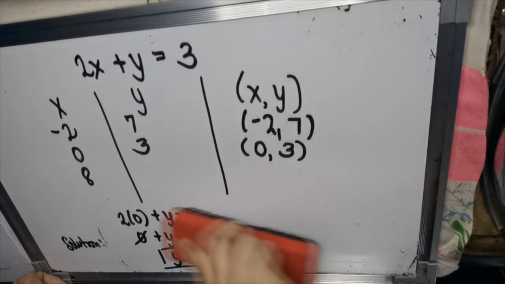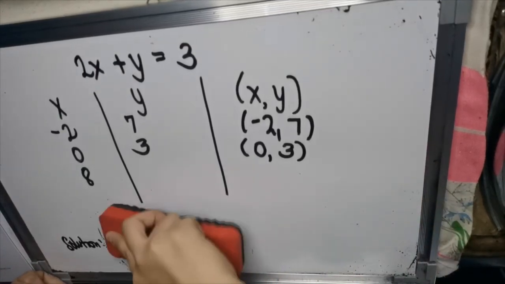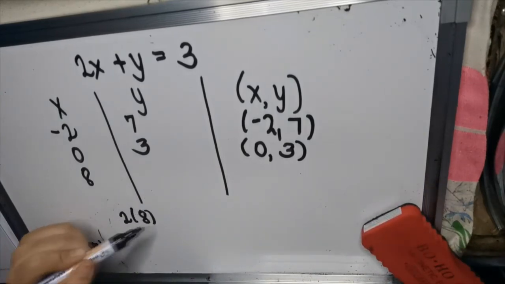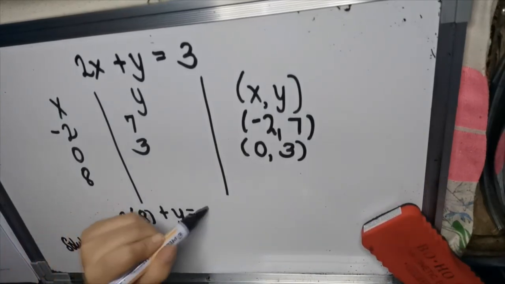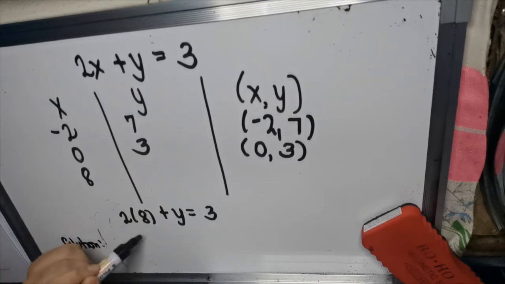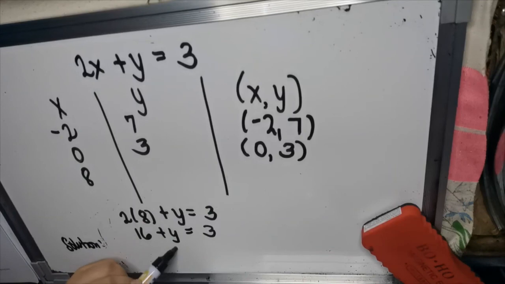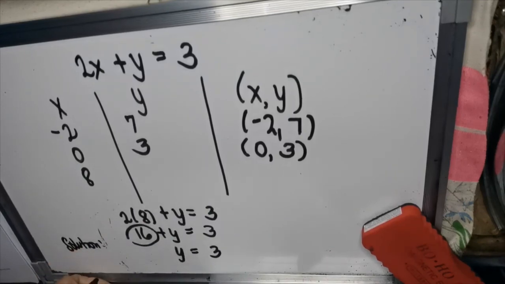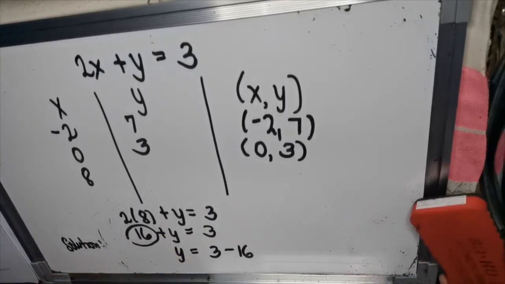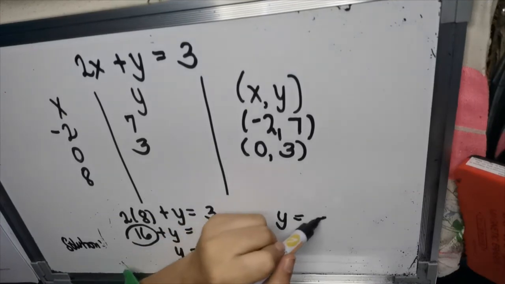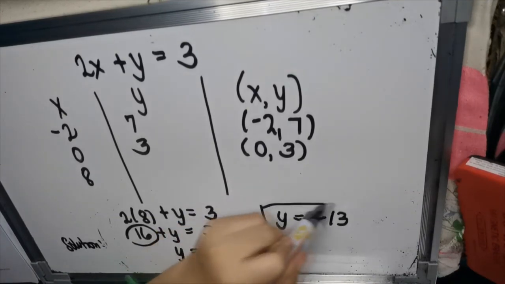Last example, what if your x is 8? So 2 times 8 plus y is 3. So 2 times 8, 16 plus y is 3. Transpose natin si 16. Pag inilipat yan, magiging negative 16. Tama? And then we have here, y is negative 13.